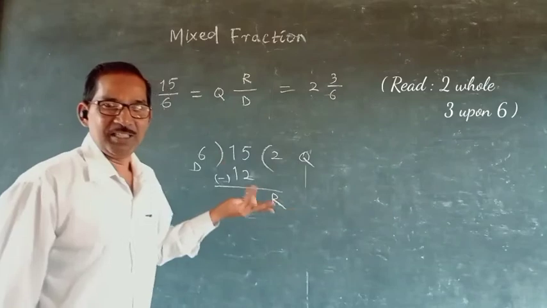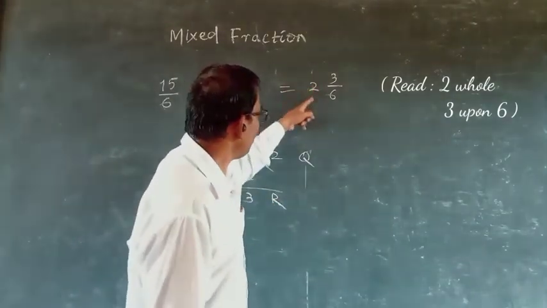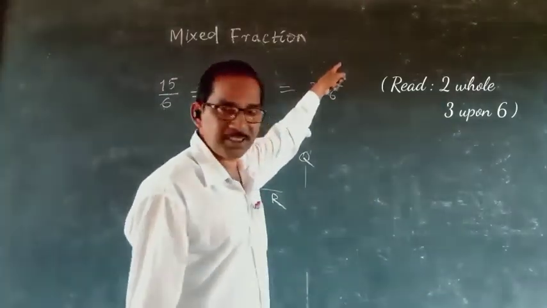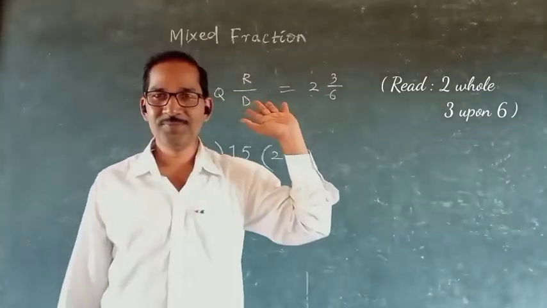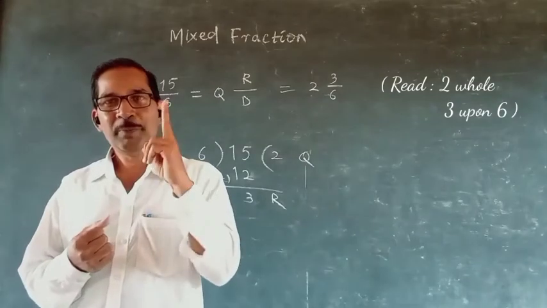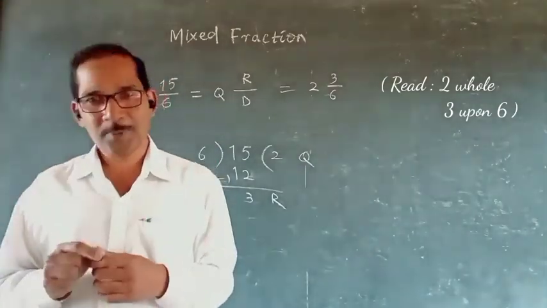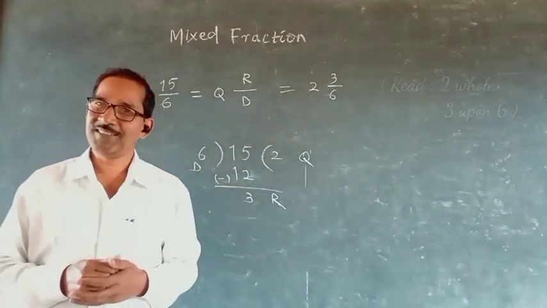Here you see 2 parts are there. This one is a part and this one is a part. This part is a proper fraction, and this one is a whole number. As this fraction contains 2 main parts, one is a whole number and another one is a proper fraction, this fraction is known as a mixed fraction.